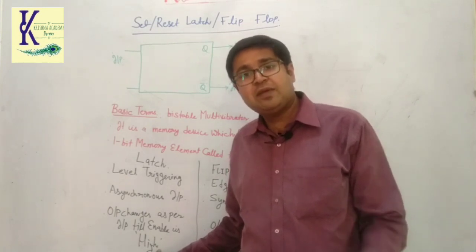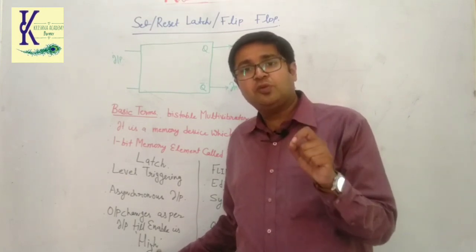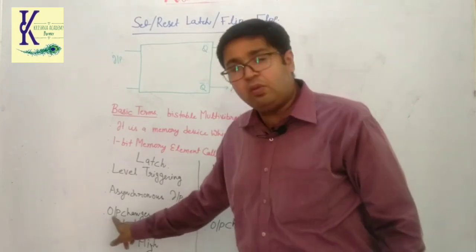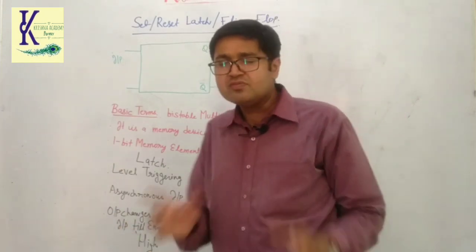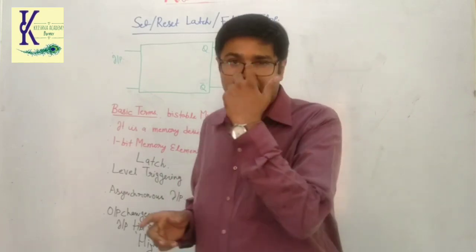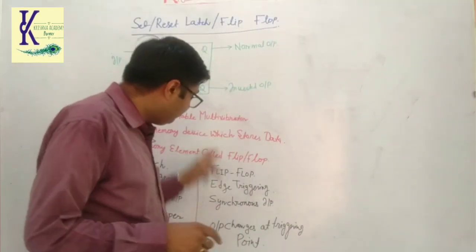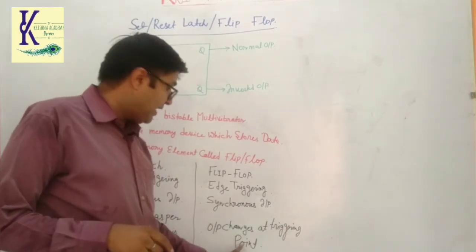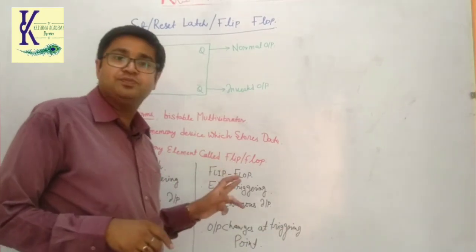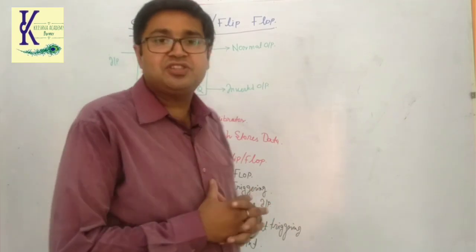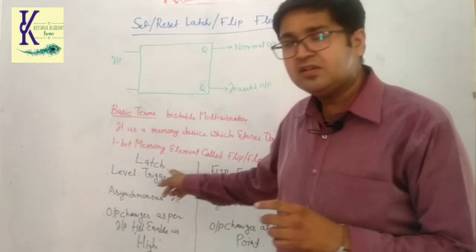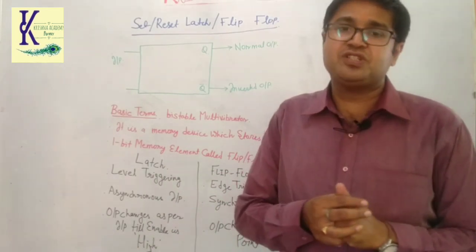If enable is not high, there will not be any output change in latches. But in flip-flops, the output changes at the triggering point, and that is edge triggered. So these are the three basic differences between latches and flip-flops which we need to understand.